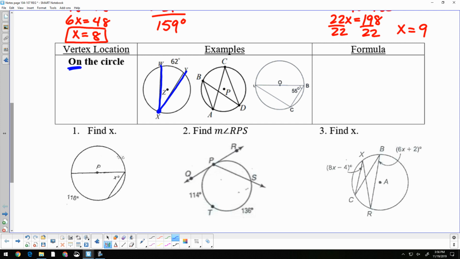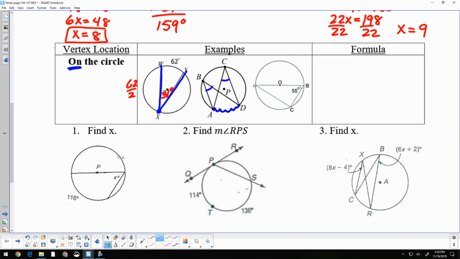So I would take 62 and divide it by 2 to find out that this angle in here is 31. The kind of spin-off of that is that if they have the same arc, then the angles have to be congruent. Okay, so same arc, same angles, so these angles would be equal. I don't actually know what they're equal to yet, but it is a spin-off that these are equal to each other.